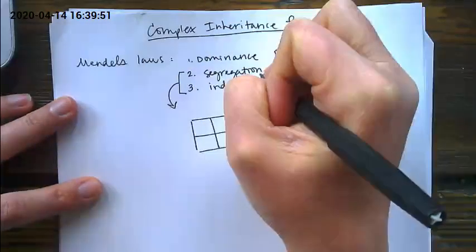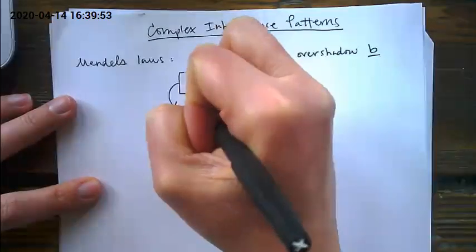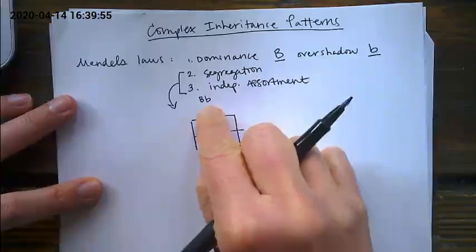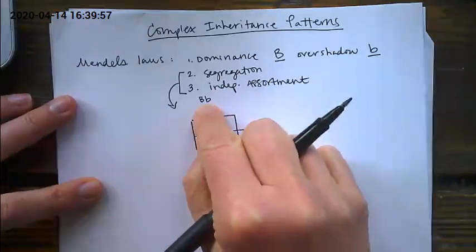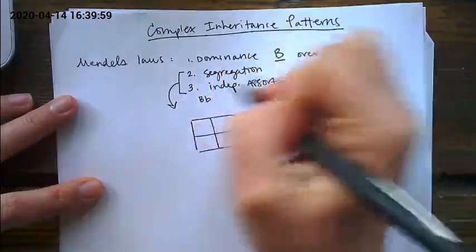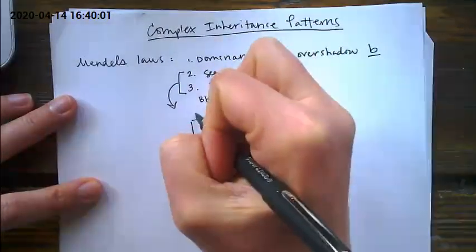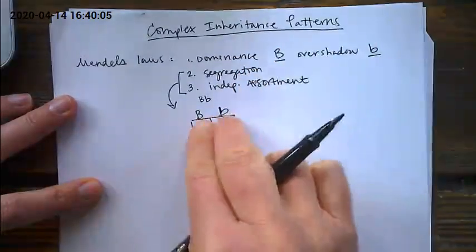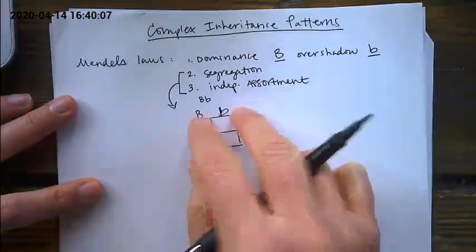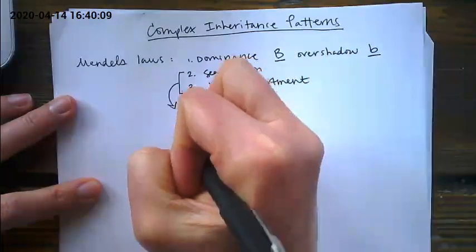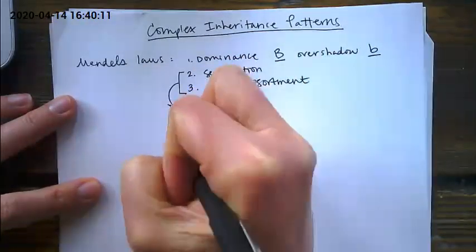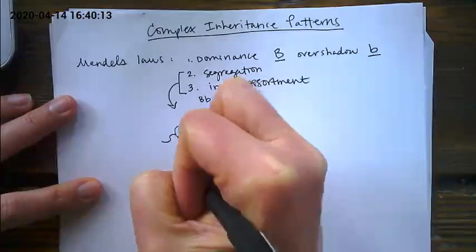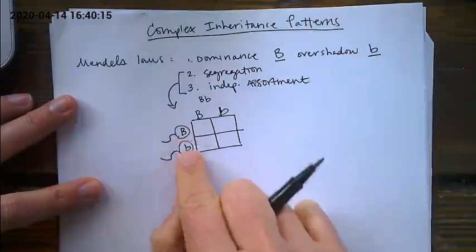So what the law of segregation says is a person has a diploid genotype, but when they go to form their sex cells, their sperm or their eggs, those allele pairs segregate, they split up. So they don't stay together when they become sperm.